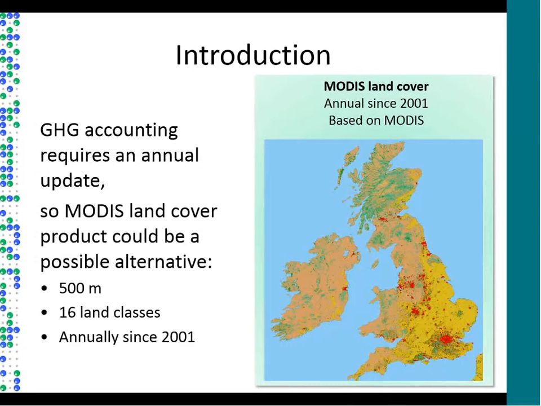So a product like the global MODIS land cover product that is updated on an annual basis is the logical alternative to the UK land cover map. The trouble, of course, with this product is that it's only available at 500 meter resolution, and it's produced to deliver a good generic global land cover classification. So this map is not necessarily designed to perfectly suit the landscape of the UK.